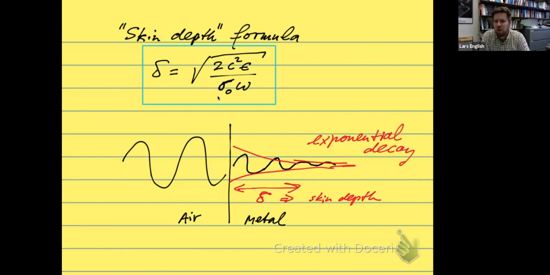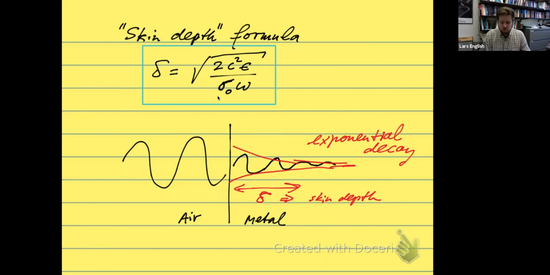So the more free electrons I have, the greater the conductivity of the material, and therefore also the shorter the skin depth, because the electromagnetic wave will be immediately damped out. Okay, so that skin depth formula should make some sense.